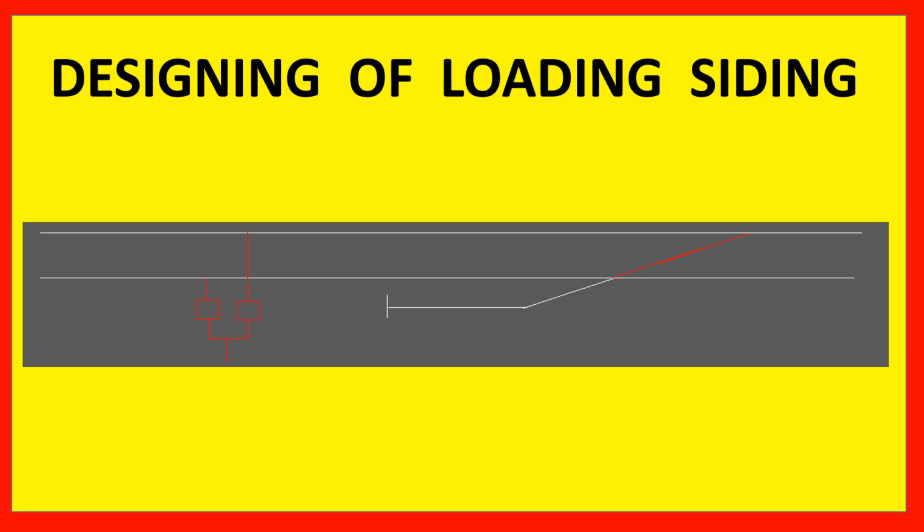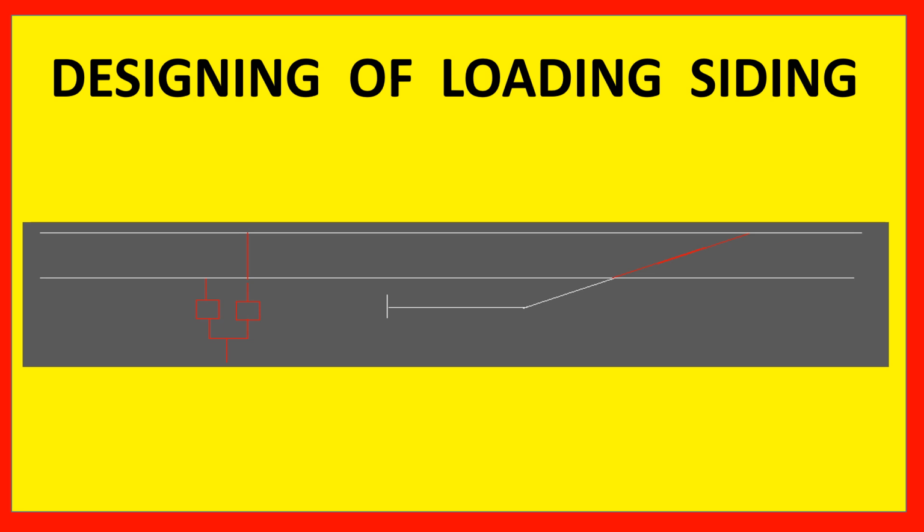Near to the yard end, that will be the last line. After that there will be no line, and use that line as your takeoff. That means your siding line will start from there.